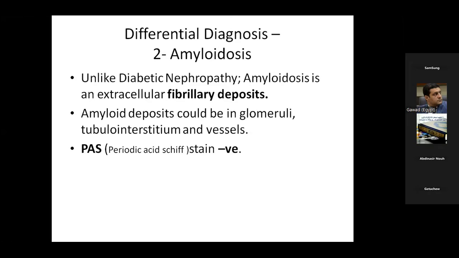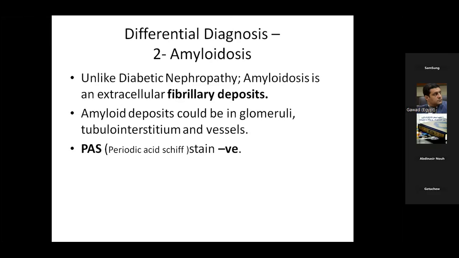generally speaking, amyloidosis is an extracellular deposit, while diabetic nephrosclerosis is an expansion of the already present mesangial matrix, and maybe that's why we can explain the PAS positivity. The normal mesangial matrix is PAS positive by itself, while the fibrillary matrix from outside is not PAS positive, it's PAS negative.